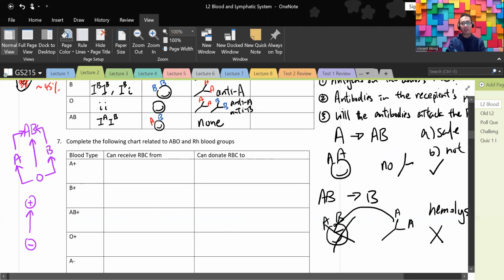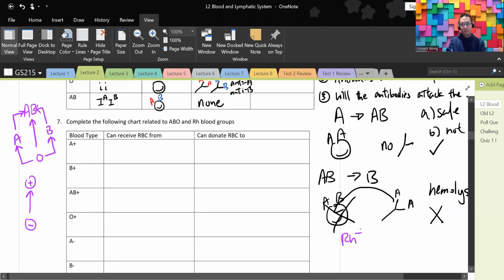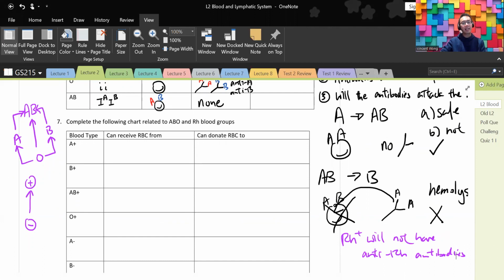And let me say that one more time, right? RH positive person will not have anti-RH antibodies, right? So that's why they can receive from negative, they can receive from positive, but not the other way around.